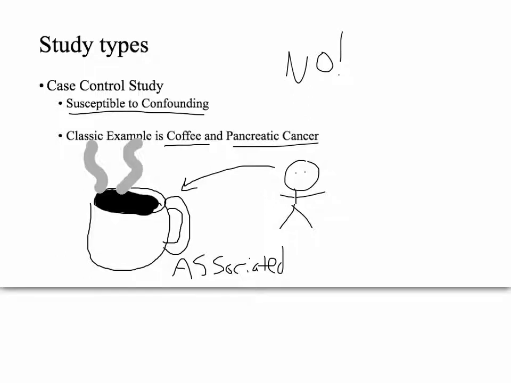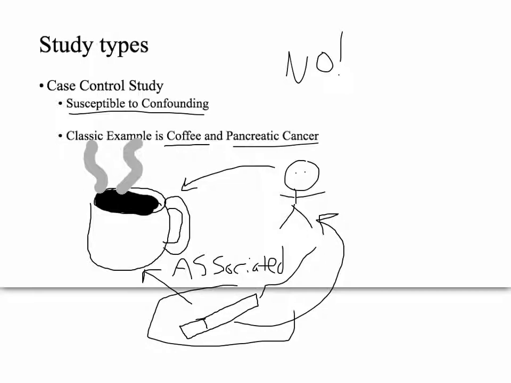So why did this association pop up? Well, it turns out that smoking cigarettes is also associated with drinking coffee. Smoking cigarettes does cause pancreatic cancer. Because this third variable, smoking, is associated with both the disease and this other variable, the confounder, it looks like coffee may be causing pancreatic cancer.